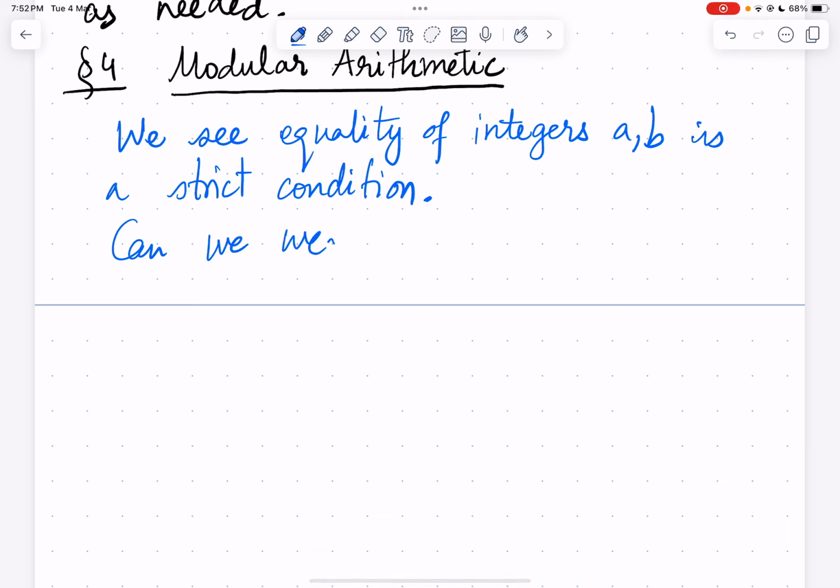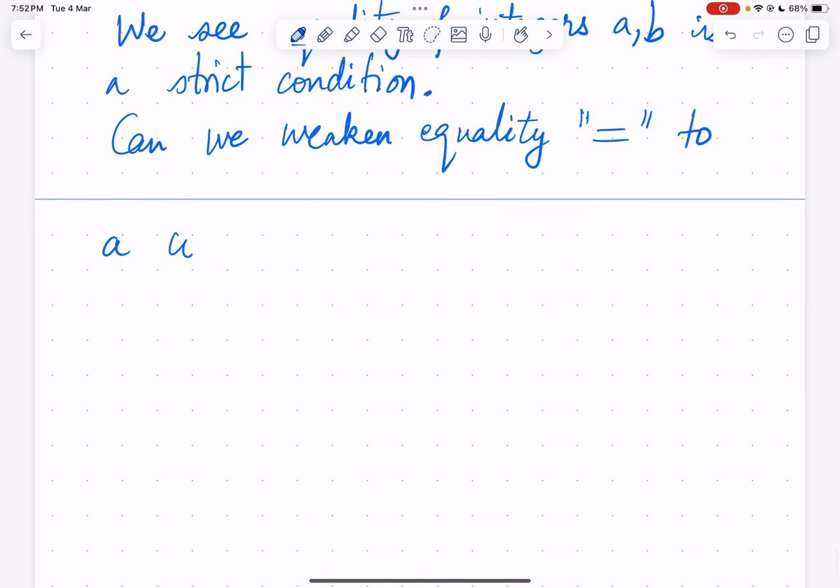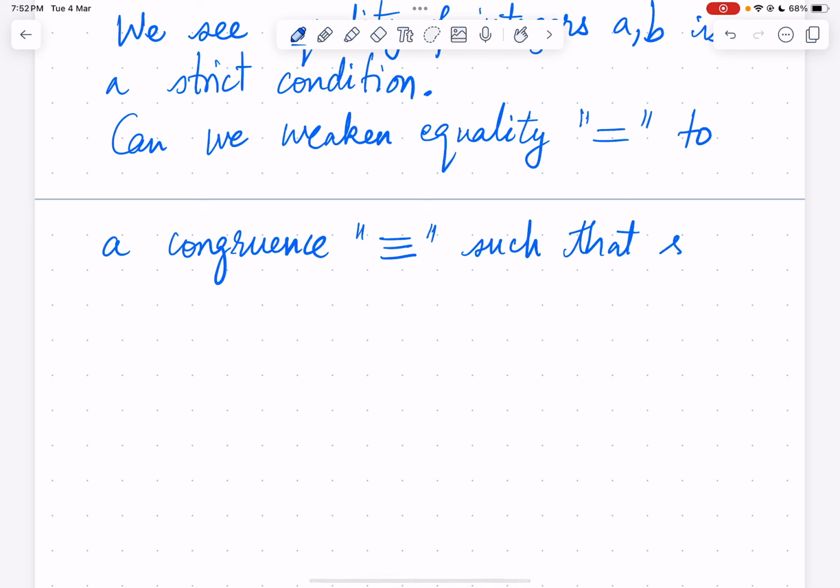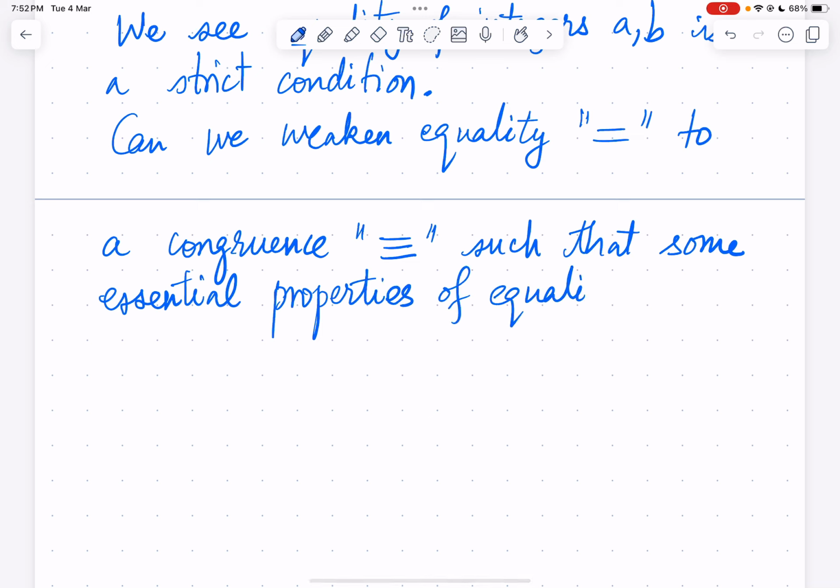Can we weaken equality to a congruence such that some essential properties of equality still hold?